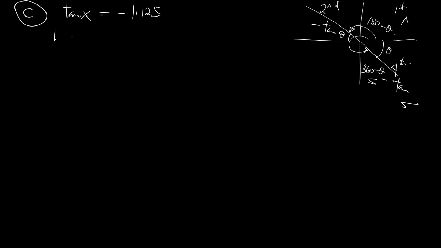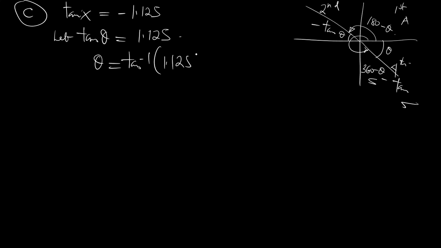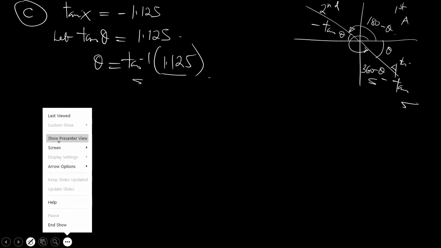Now let tan theta be equal to 1.125. Theta will be tan inverse of 1.125. Now let's look for inverse of tan in the table. So we have 1.125, so let's go to the table.